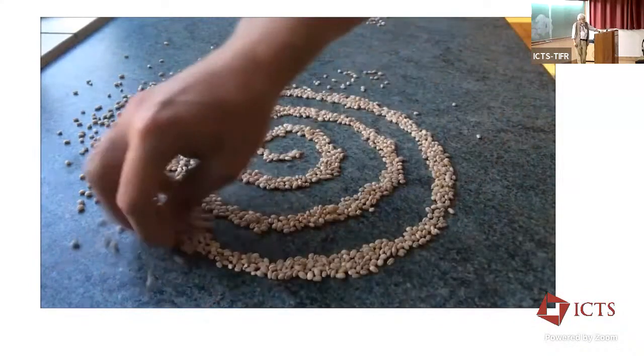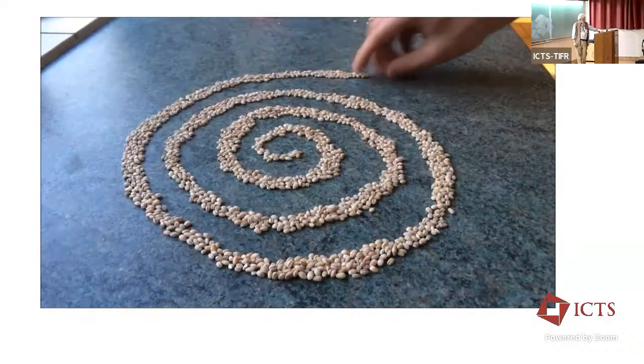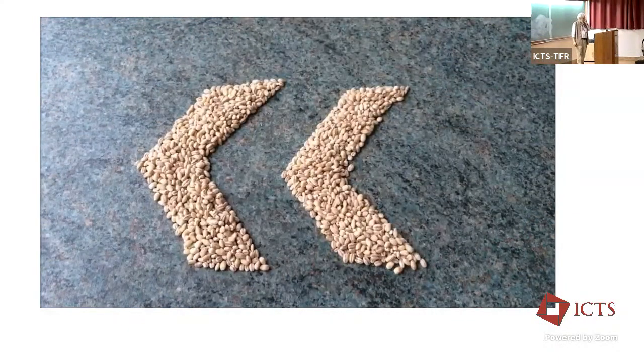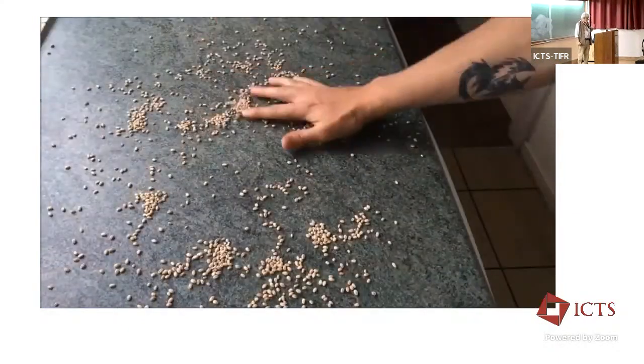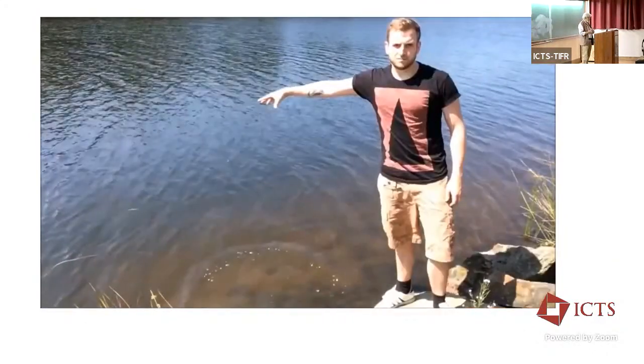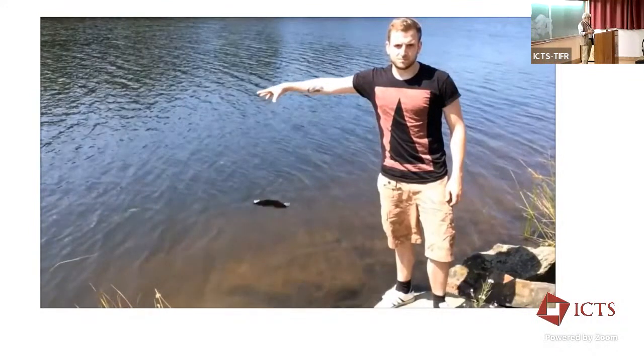They said, apparently some Tibetan monks know how to do this. But normal human beings don't. And this is yet another one. I'll stop at the fish one. I love this one. The fish jumps up, that's it.